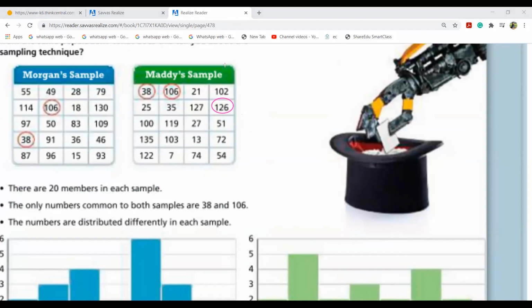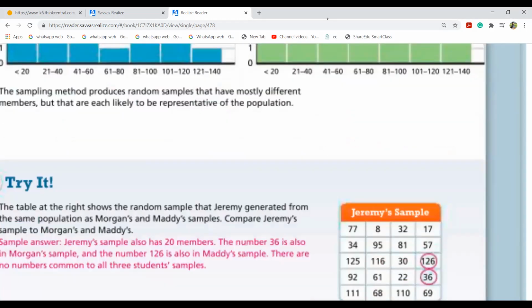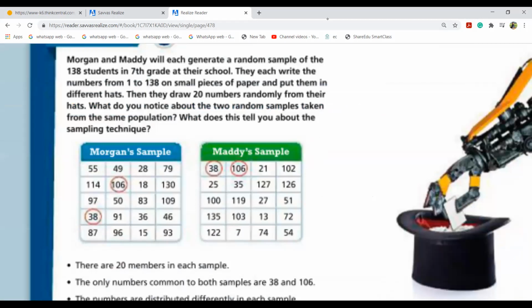And then again, let me check what else is there. I think 36. 126 and 36. Let us see. Where do I get 36? You just have to see what is common in the table. You have 126 here.